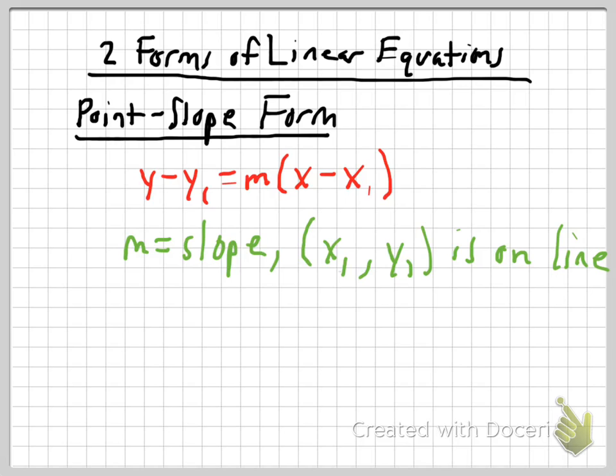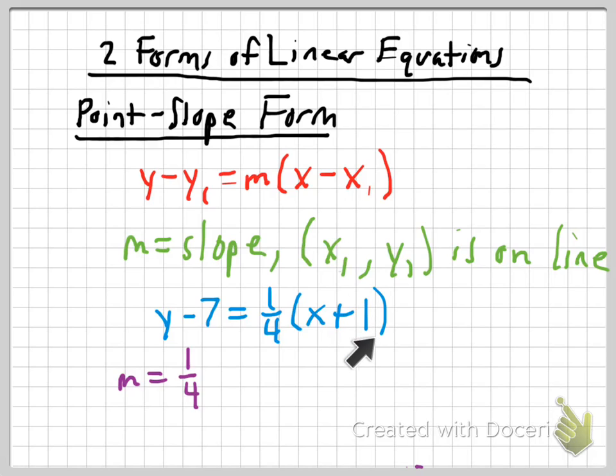So for example, here's an equation that's written in point-slope form. And in this equation, you can see two things. First of all, the slope of the line, the m, right there, is 1/4. And second of all, you can see the x and y coordinates of a point that are on the graph. You can see that the x1, well, it says +1 right there, and the y1 is -7.